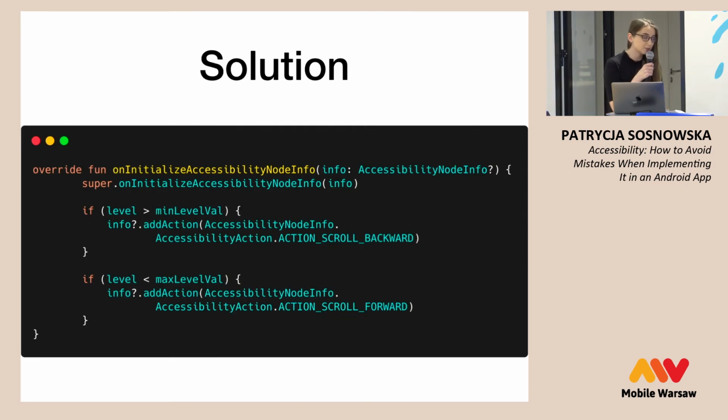The onInitializeAccessibilityNodeInfo method provides TalkBack with information about the state of the view. Overriding this method allows us to set additional information about our custom view into the AccessibilityNodeInfo object. We do this by adding actions to this view: scrolling backward when the level value is bigger than the minimum, and scrolling forward when the level value is less than the maximum.